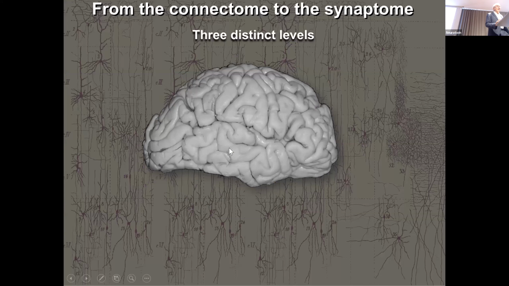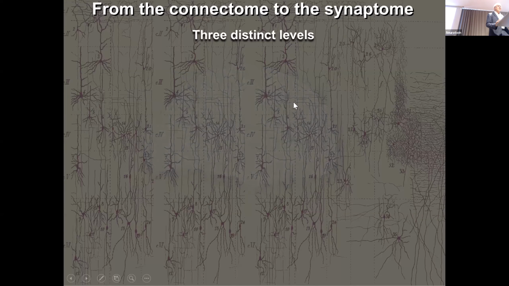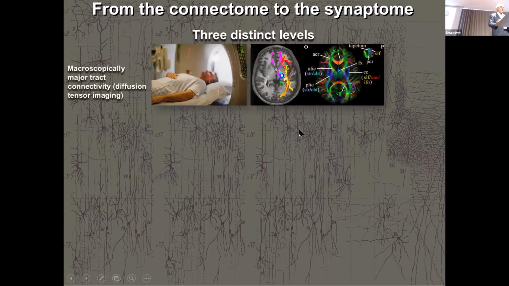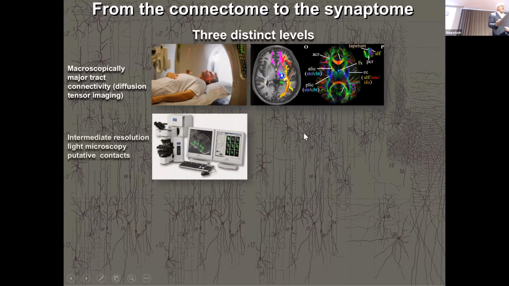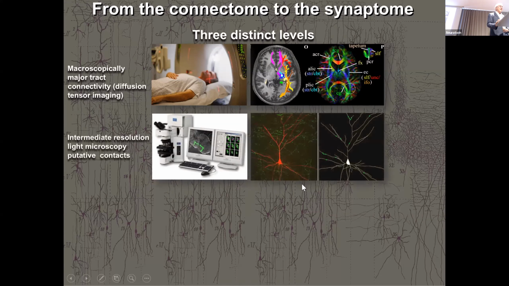And we will see that there are three major distinct levels of analysis of the connectome, the synaptome. The one is the macroscopic, major tract connectivity in terms of imaging, like several people have been talking about. Then we have the intermediate resolution, that is the light microscopy, where you can map the putative synapses.